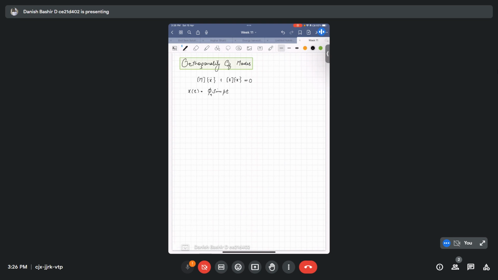When we find x double dot, we get minus p square x of t, the original displacement.